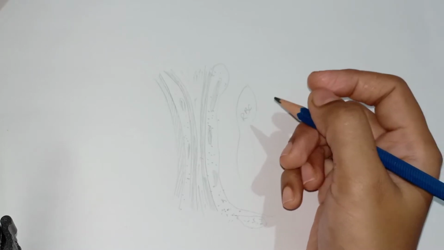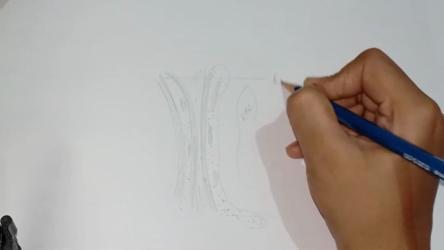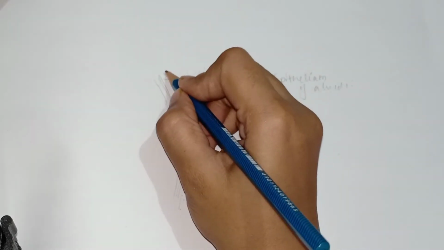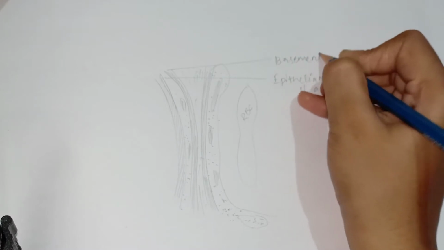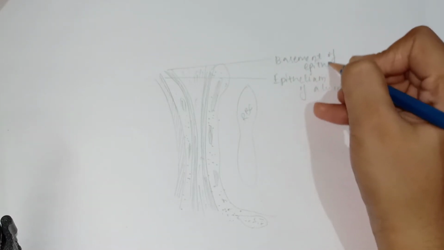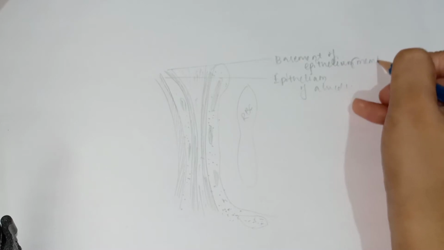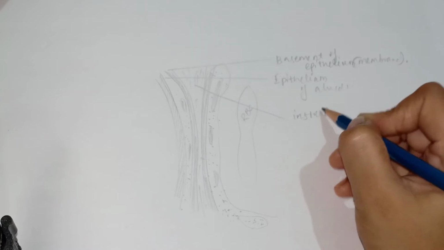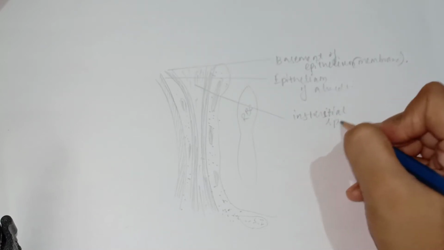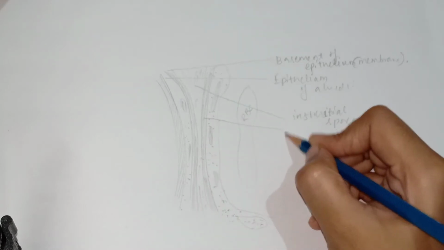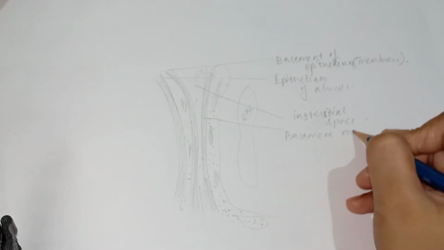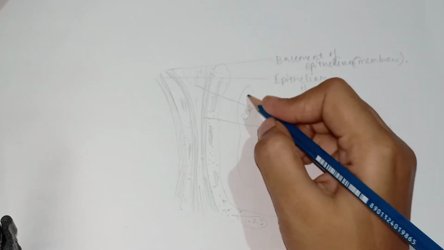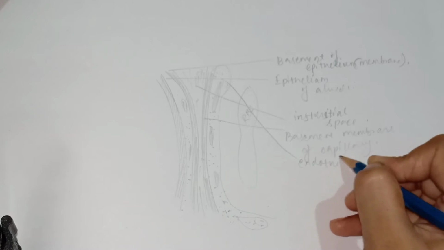The respiratory membrane mainly consists of the epithelium of the alveoli, basement of epithelium, this is a membrane, this is the interstitial space, this is the basement membrane of capillary, and this is the endothelium of capillary.